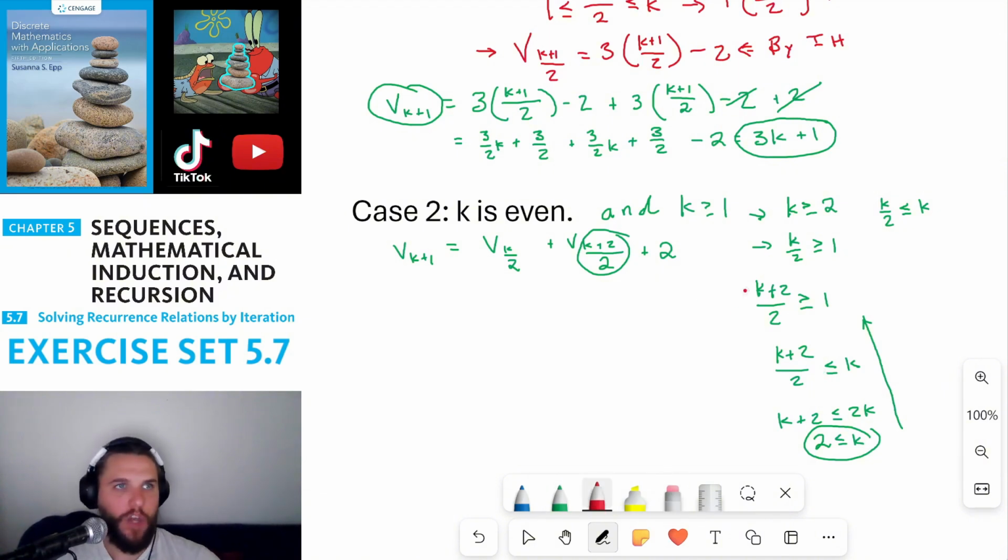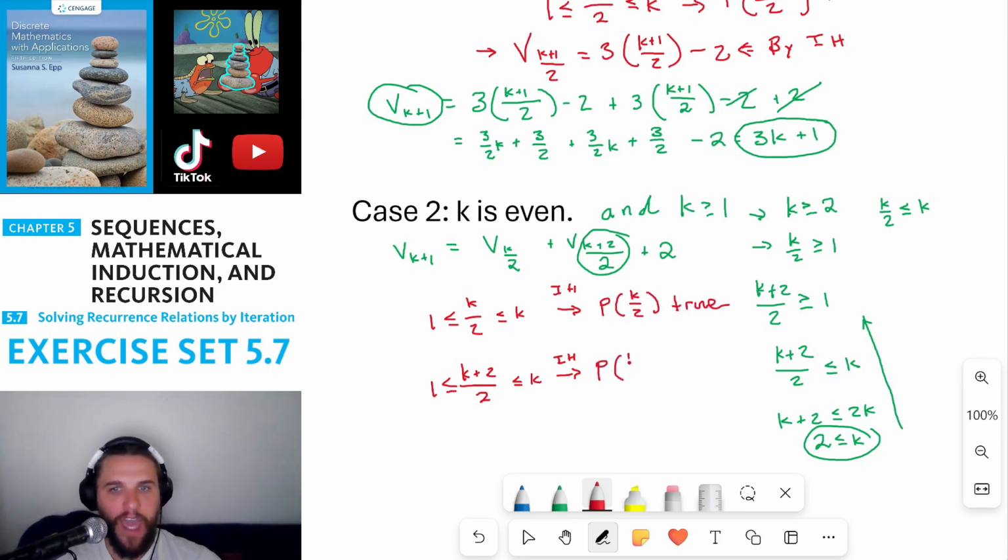So what do all these inequalities mean? This means that we've shown that k over 2 is in this very important range from 1 to k. We've also shown that k plus 2 over 2 is also in this very important range from 1 to k. By the inductive hypothesis, this means that p of k over 2 is true, and also p of k plus 2 over 2 is true.